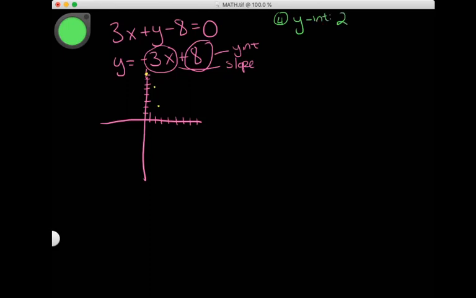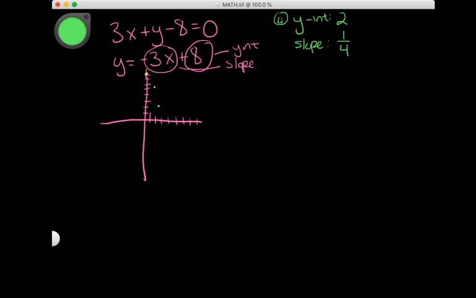Our slope, if we look from one dot on the line to the next one, moving from left to right, like we do when we look at a graph, we can see that we go up by 1 and over by 4. So our slope is 1 over 4.